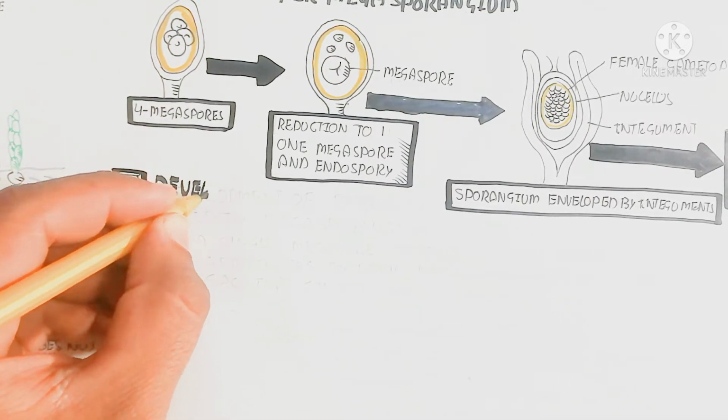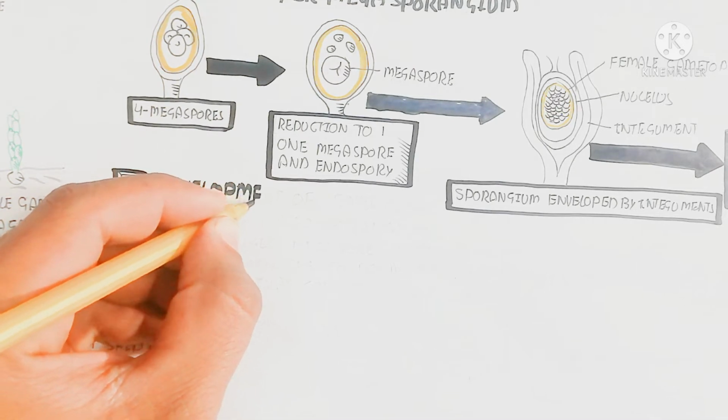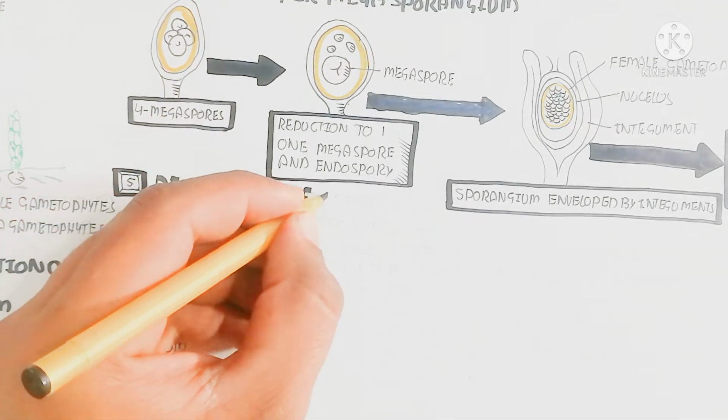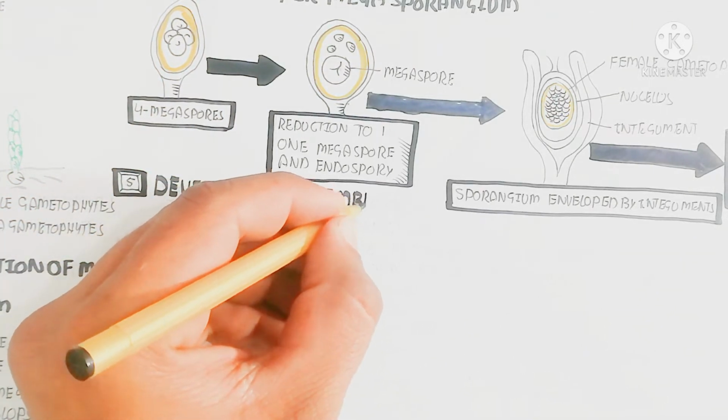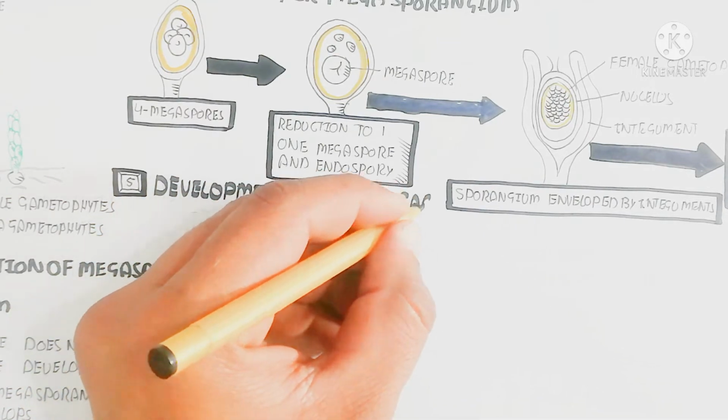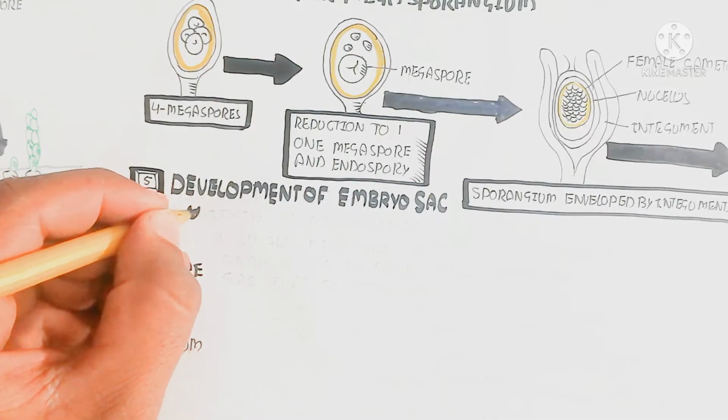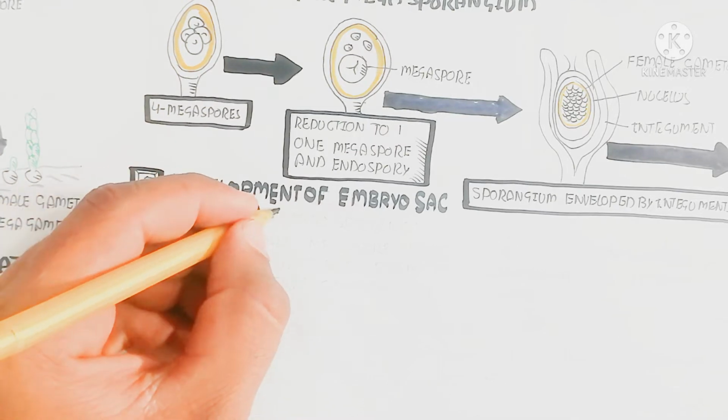So the embryo sac contains the egg. For example, this is the development of the embryo sac within the megasporangium.